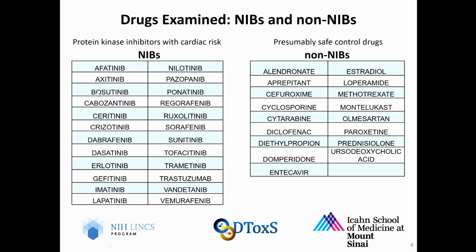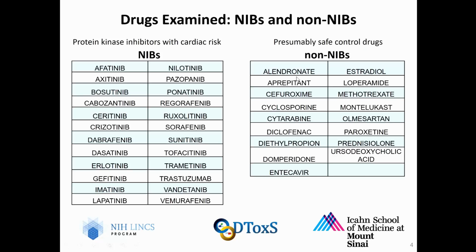And then on the other side are the control drugs, which are non-cardiotoxic, at least supposedly. And so what we want to know is whether there is differential expression of genes in cells which are treated with nibs versus the cells which are treated with non-nibs.